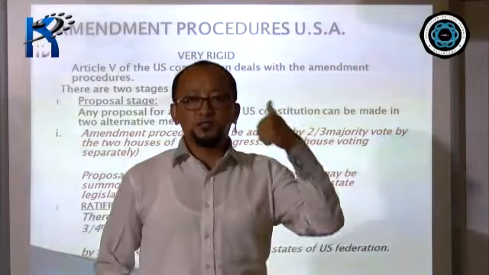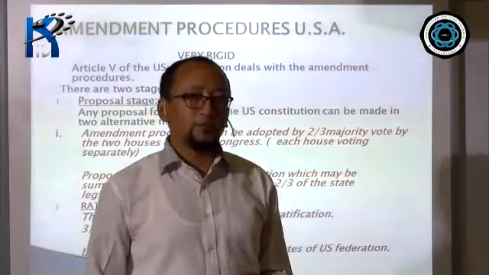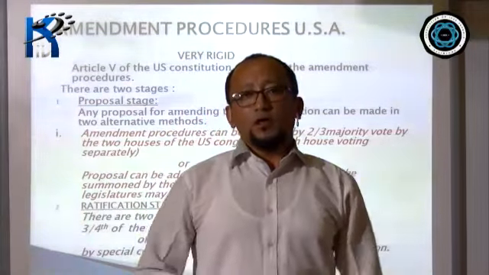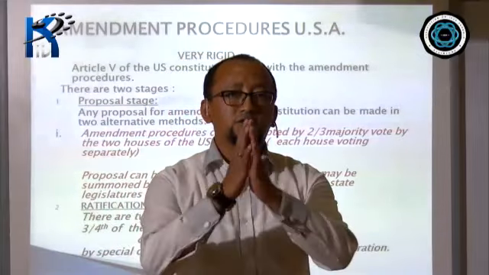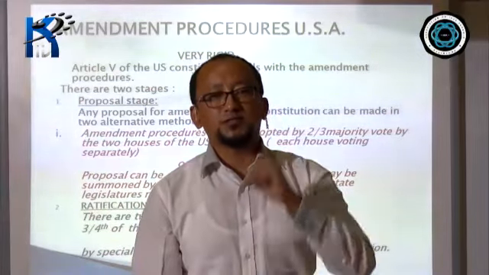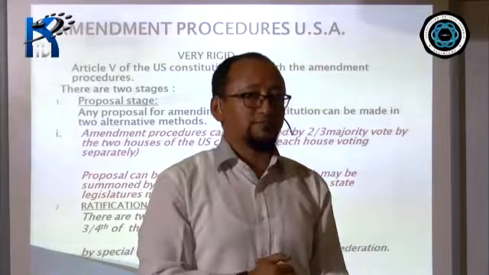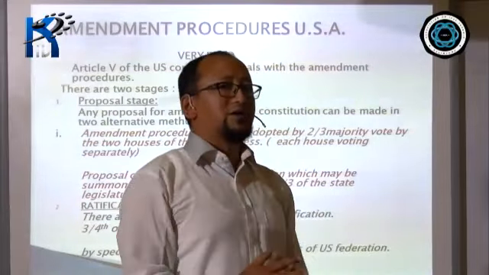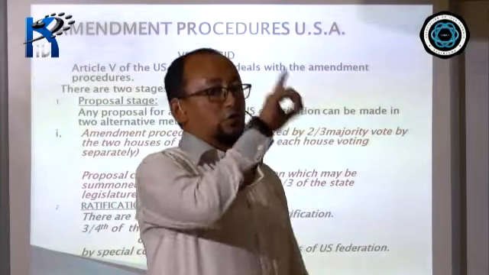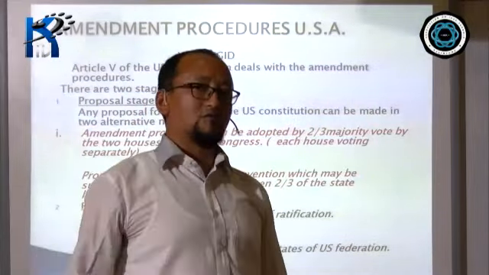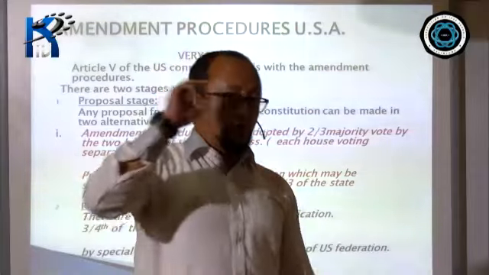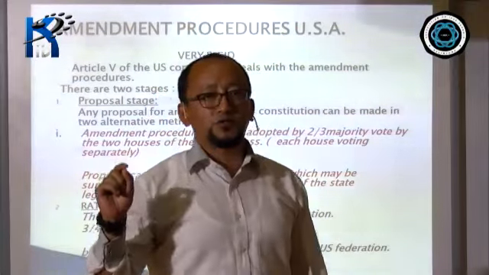Now, first stage, the proposal stage. If you ever want to amend the American Constitution, please remember, it goes through 2 processes. First, the resolution has to be passed by 2/3 majority of both the houses of the US Congress. I repeat, 2/3 of both the houses of the US Congress.